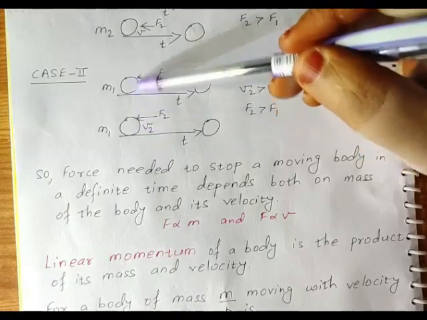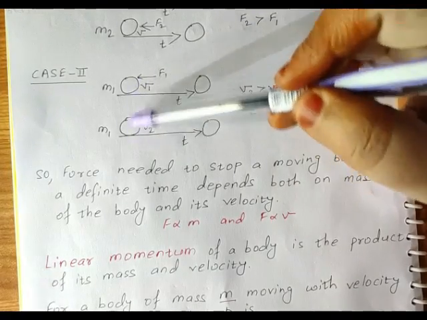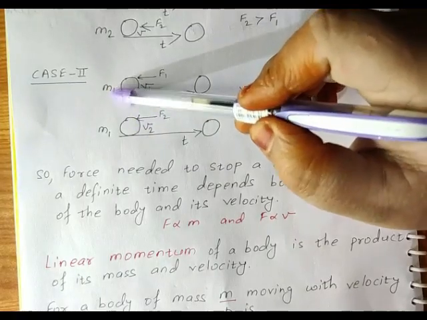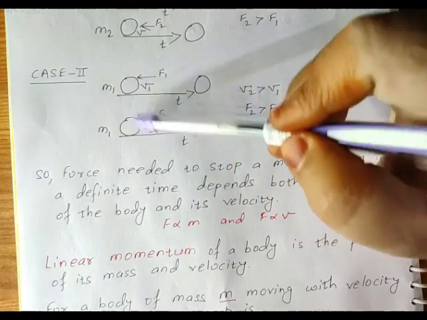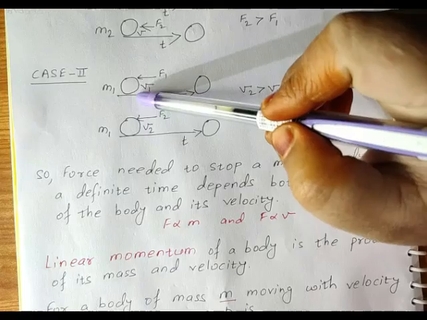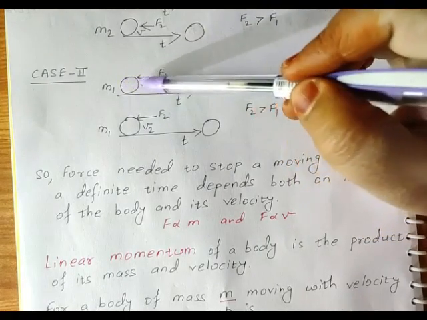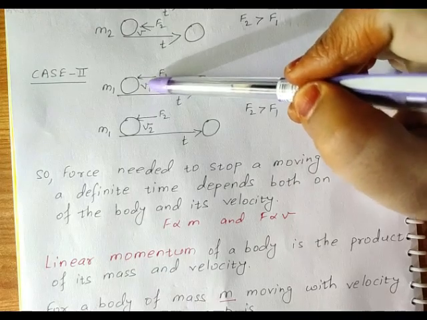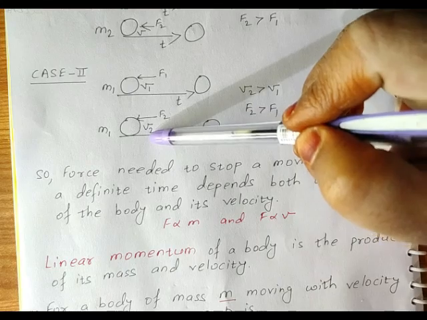Again two bodies are there, but this time both the bodies are of the same mass, m1 and m1. Both are of the same mass, but both are moving with different velocities. The first is moving with velocity v1, the second with velocity v2.